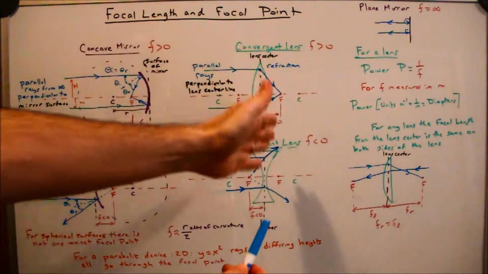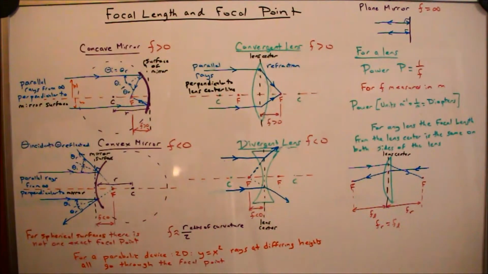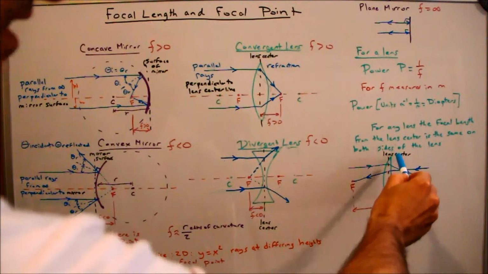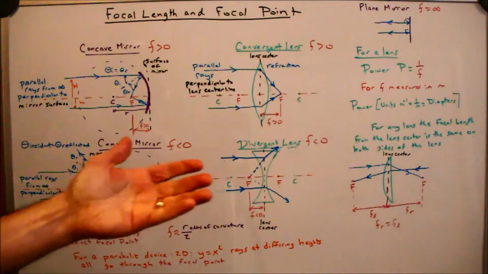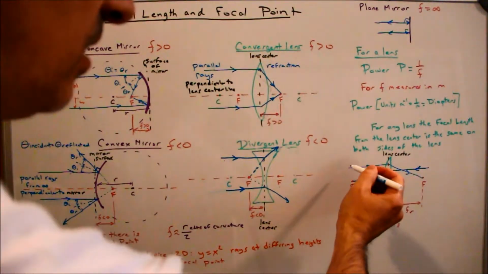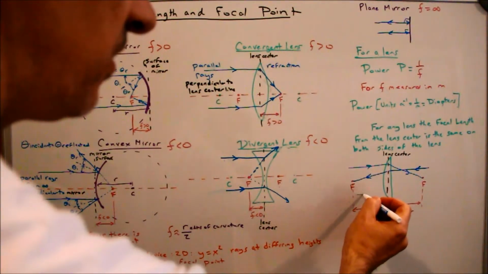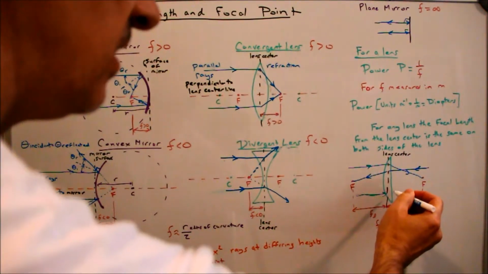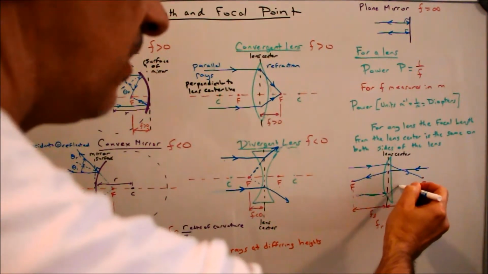One other thing about lenses: lenses don't have to have the same spherical curvature on one side or the other. Here I've drawn one that's curved this way, and the other side is just flat. What it turns out is, if I have these rays coming in perpendicular to the center line of the lens, they will refract.